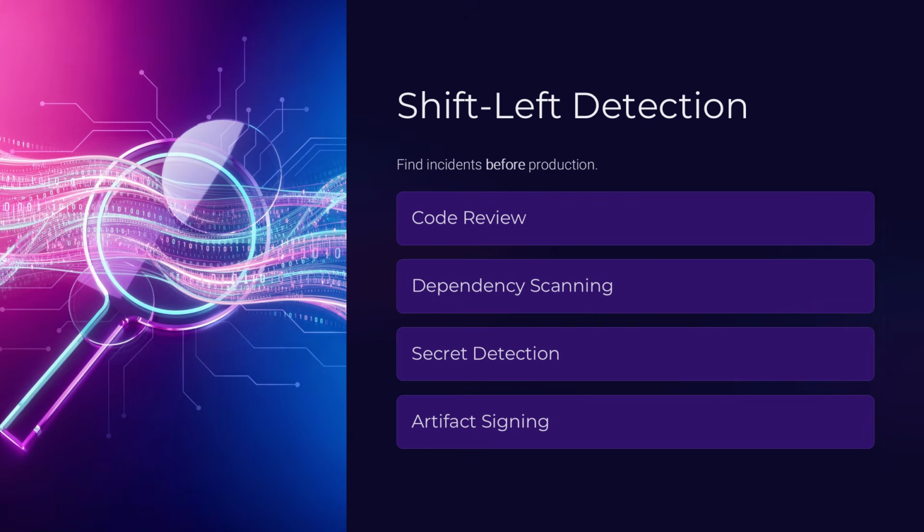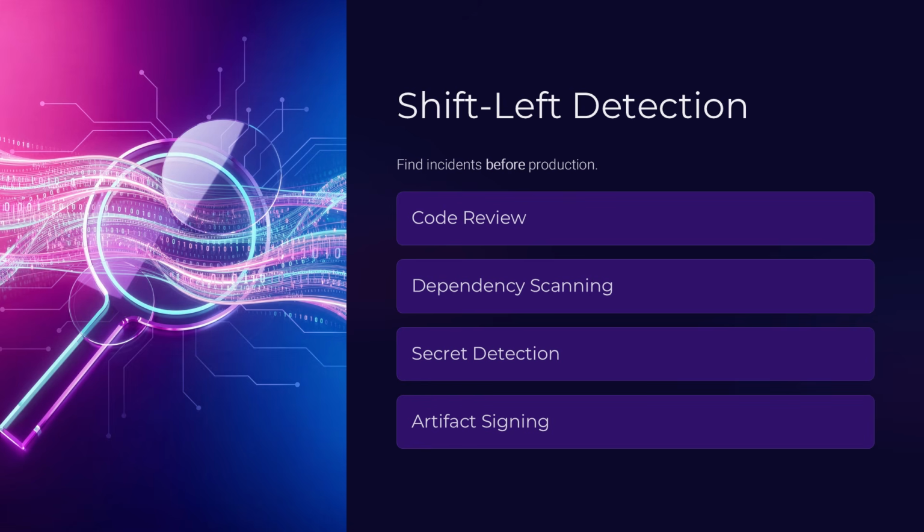In DevSecOps, detection begins before deployment. Shift-left detection means identifying potential compromise during code review, dependency scanning, secret detection in commits, pipeline validation, artifact signing checks. For example, if a developer accidentally commits a credential, automated secret detection should flag it immediately.